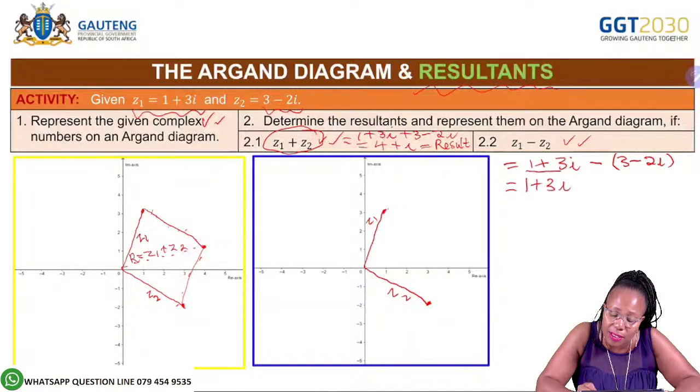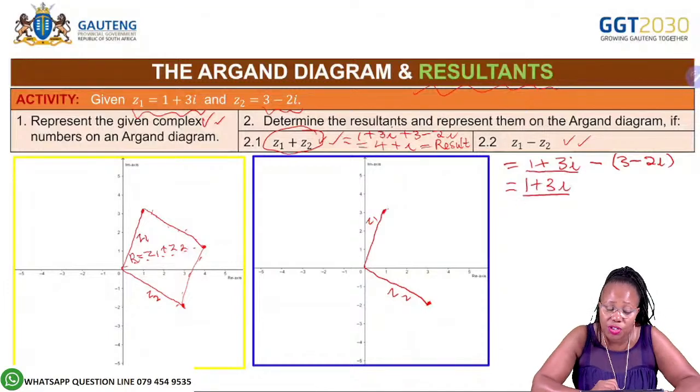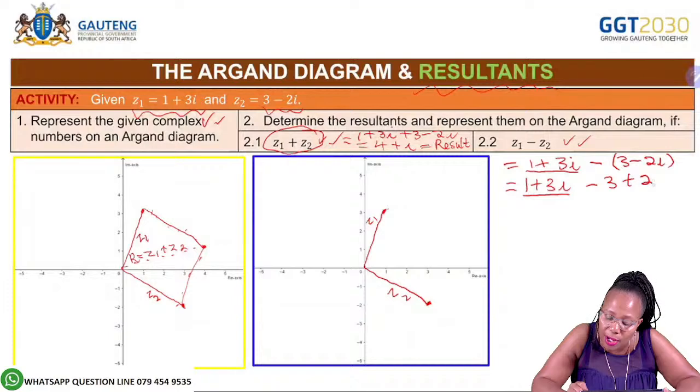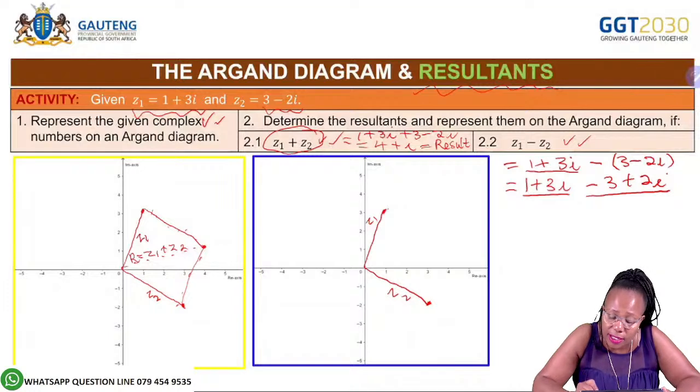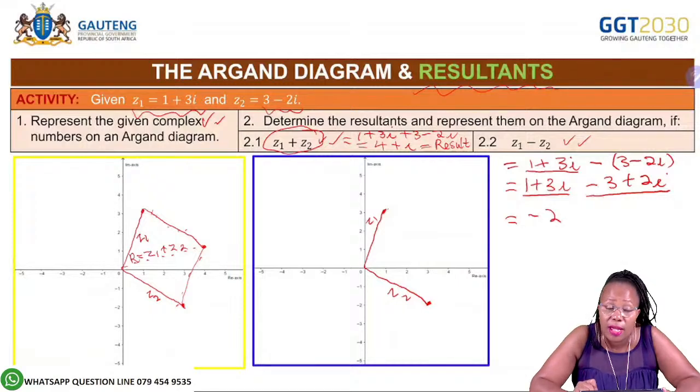This one remains the same, original Z1, but now Z2 is changing to minus 3 plus 2i. Can you see that? We are having a different Z2 because we are subtracting. All right. Right, and then let's look at the final answer after subtracting. This will be 1 minus 3, which is minus 2, and 3i plus 2i, which is plus 5i.